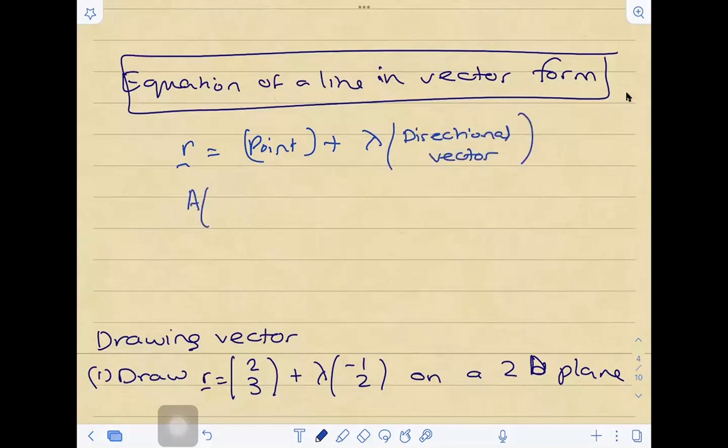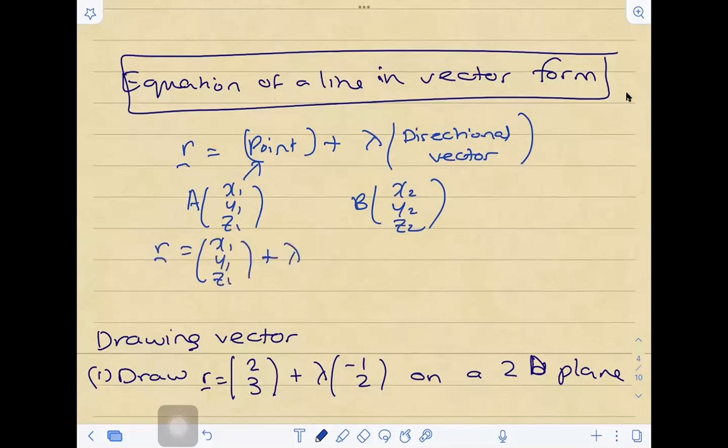If you have a point x1, y1, z1 and a point x2, y2, z2, then you put a point in there, so it'll be x1, y1, z1, plus the parameter, and you could use either point. Either point will work because it's all sorted out with this parameter, how much you put in, how much is in the point. And then the directional vector, you just do A, B.